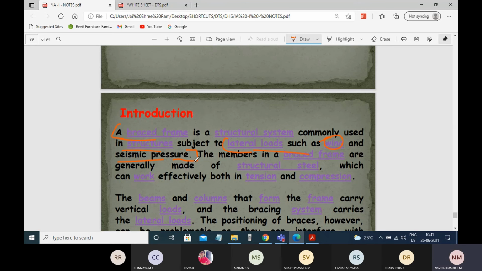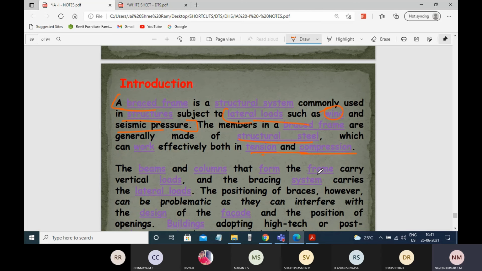And braced frames are generally made up of structural steel, which can work effectively in both tension as well as compression. The beams and columns form the frame. As you know, the combination of beams and columns forms a frame carrying vertical load, that is gravity load, and the bracing system carries the lateral load.